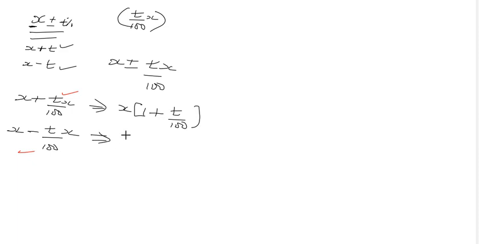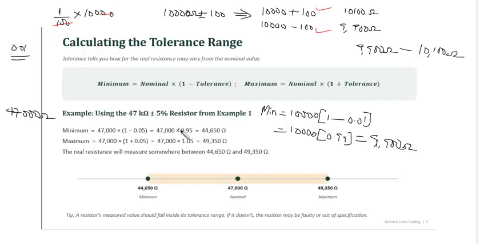Or here we can have it as X into 1 minus T over 100. So this is the maximum value, this is the minimum value. So this is like saying the nominal value bracket 1 plus the tolerance in percentage, or the nominal value into 1 minus T over 100, which is same thing as what we are having here.